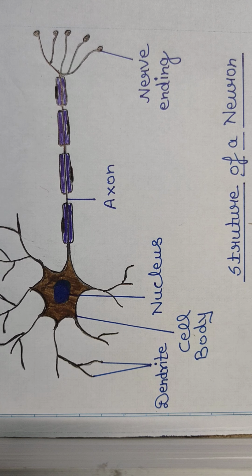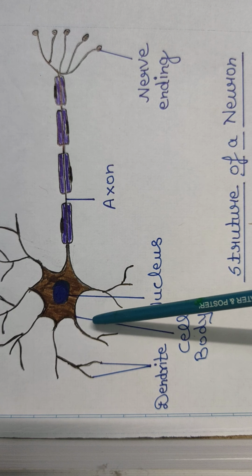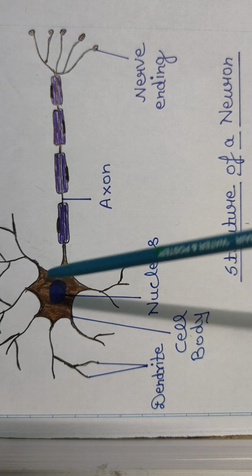So this is the diagram showing the structure of the neuron. Now we are discussing the structure of the neuron and the parts associated with it. The neuron consists of the cell body. This portion is called the cell body, in which the central region is located.